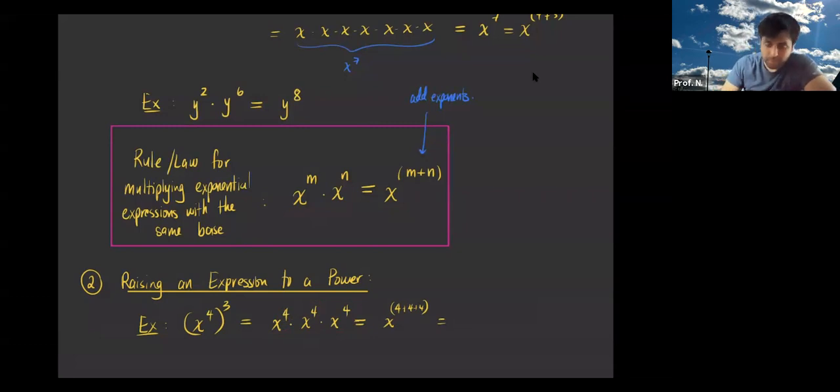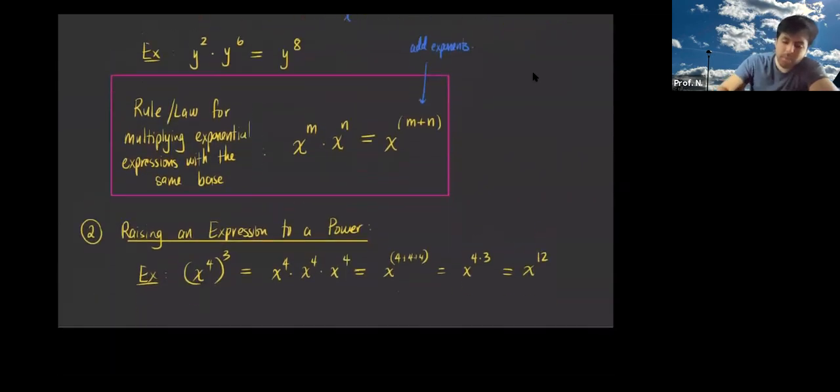Isn't 4 plus 4 plus 4 the same thing as saying 4 times 3? Isn't that multiplication? And isn't 4 and 3 exactly the numbers that I have here in the beginning? So then what's going to be the general rule? And what's 4 times 3? 12. So x to the fourth to the third power is really x to the 12th.